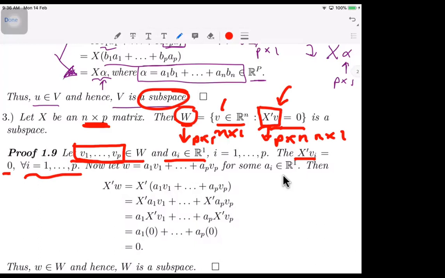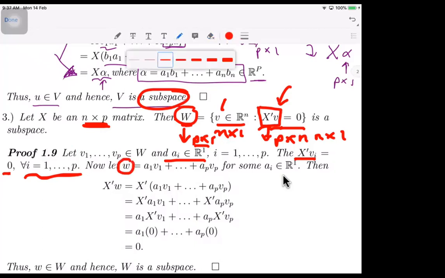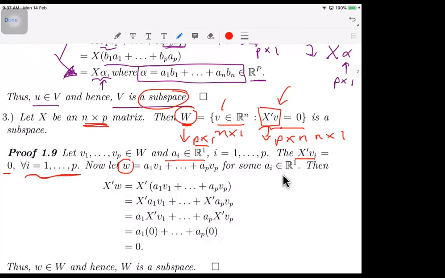Vectors in W are p by 1 vectors. So once you identify the form of your vector, you define a new vector w, which is a linear combination of your v_i. Remember, v_i is in W here, for some scalars a_i, so a_i here is a scalar.